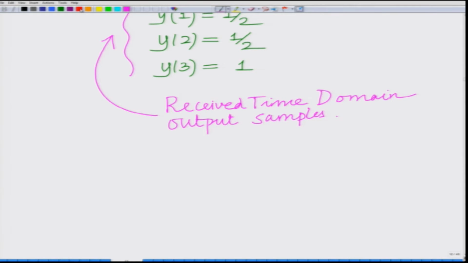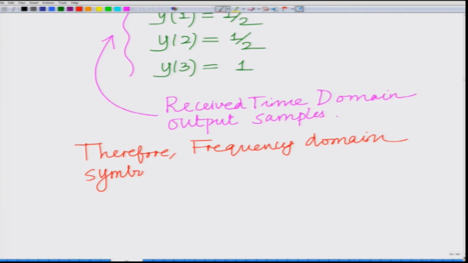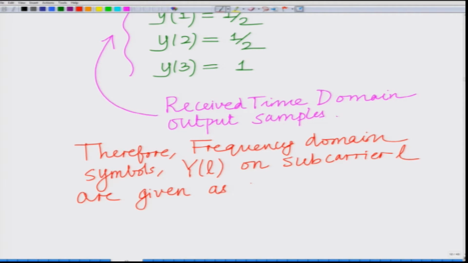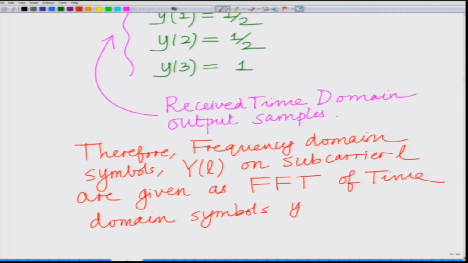Therefore, the frequency domain symbols YL on subcarrier L are given as the FFT of the time domain symbols y0, y1 up to yn minus 1.